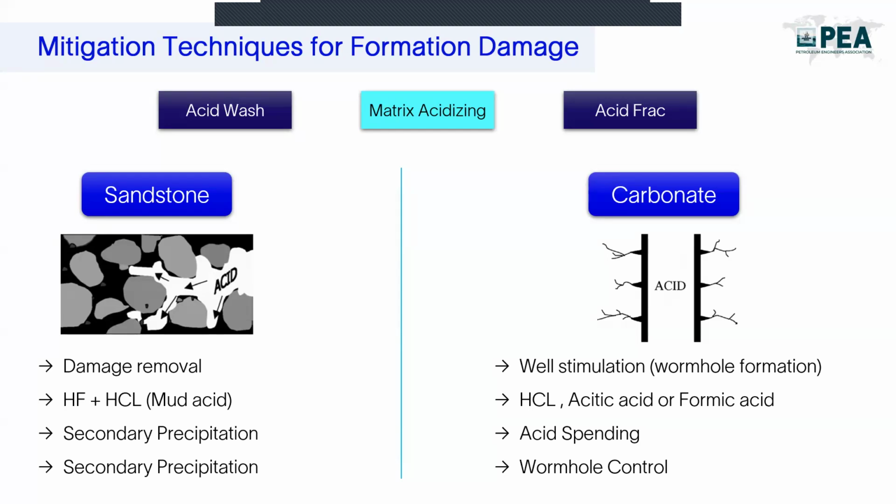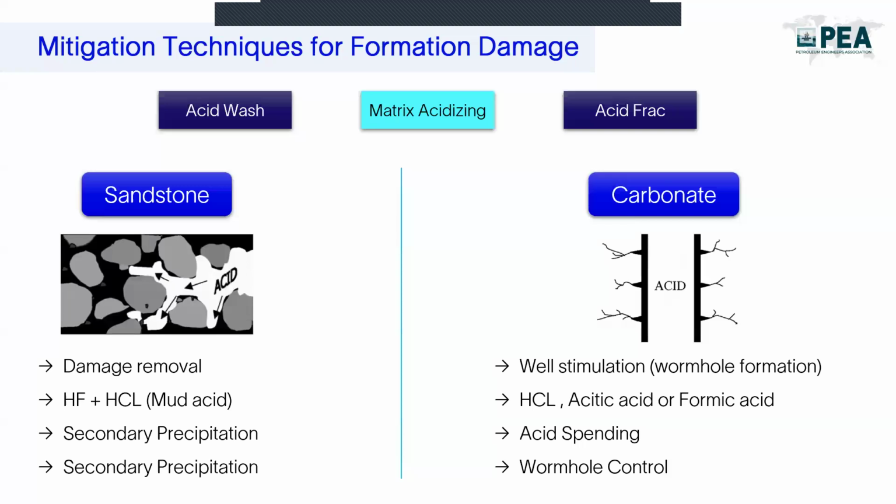So yeah, this is the mechanism of HCl. It can penetrate deep into the formation by creating what are known as wormholes, bypassing near-well damage and significantly increasing the permeability. And the acid flows into the reservoir and reacts with the most permeable pathways effectively, propagating these wormholes further into the formation.